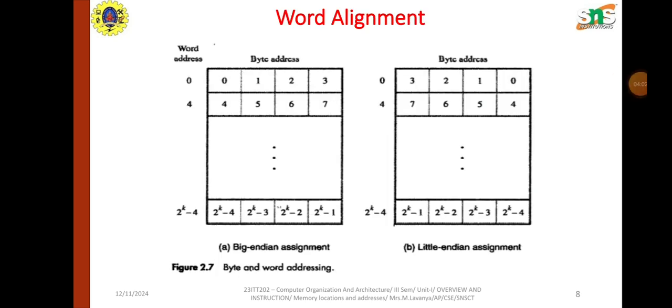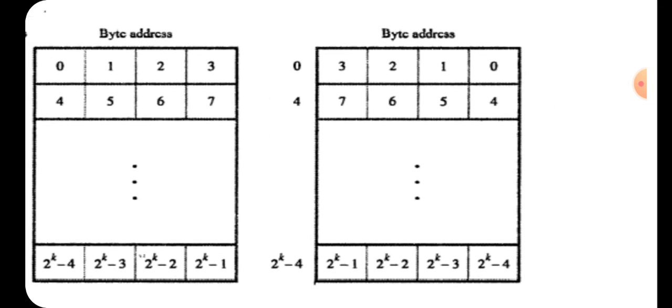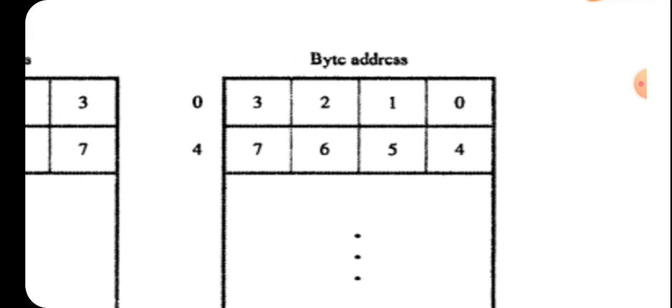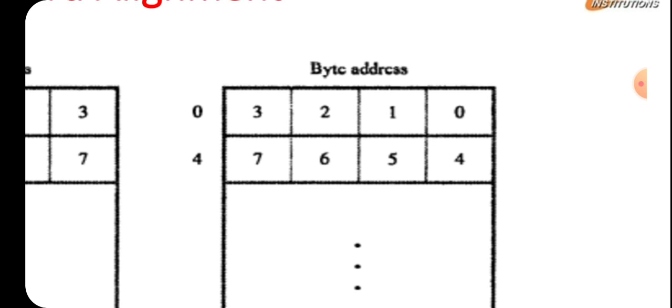Here, see it here. The second diagram is little endian. In little endian, as I have said, the word will be stored from right to left. So the last cell will store the first byte.